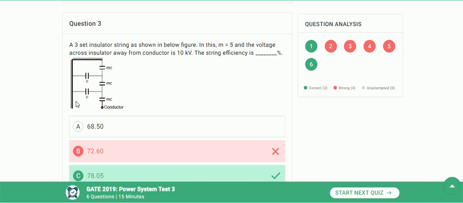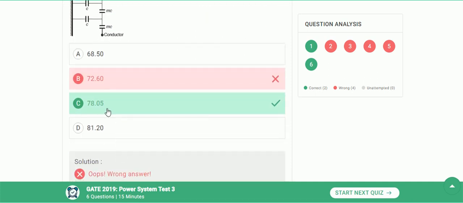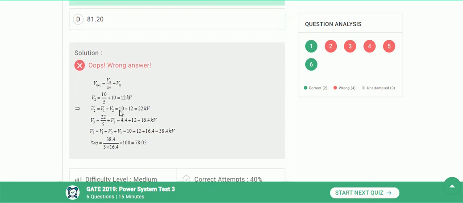Here we have to calculate the string efficiency, which is 78.05. Here I'm applying the string efficiency formula for the different capacitor layers and insulators and finding the string efficiency.